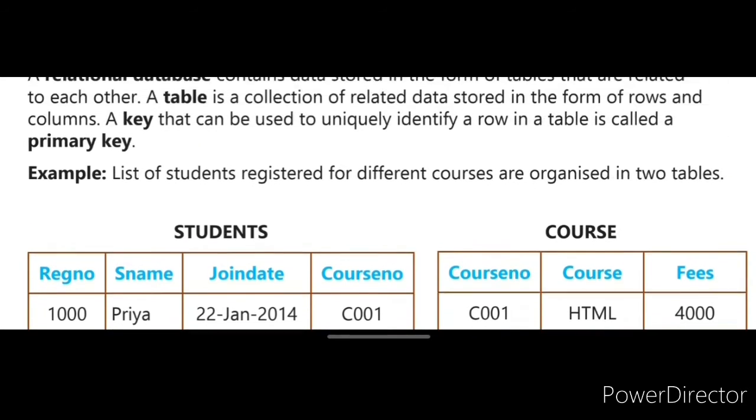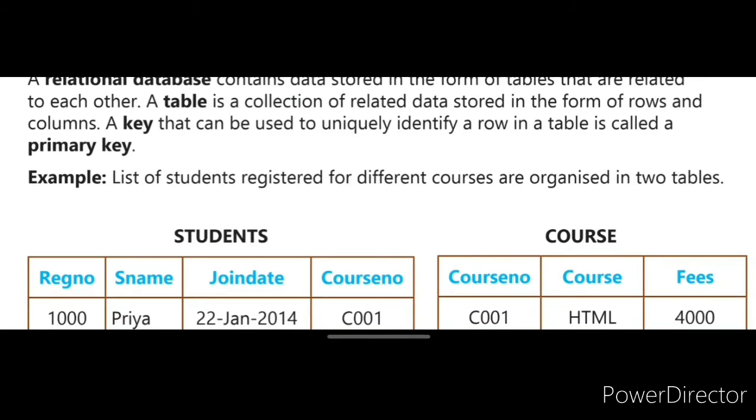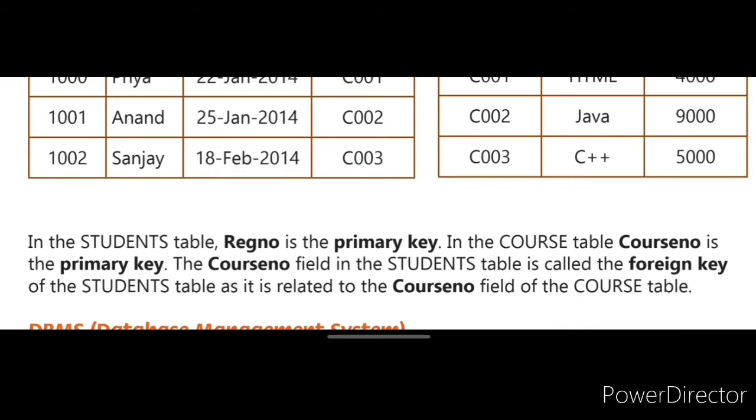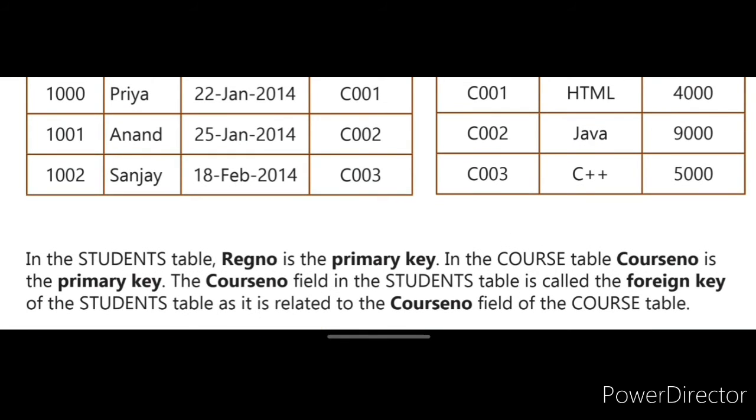Why do we say it is primary key? Because it is the key which uniquely identifies a row in a table. In the students table, registered number is the primary key. In the course table, course number is the primary key.